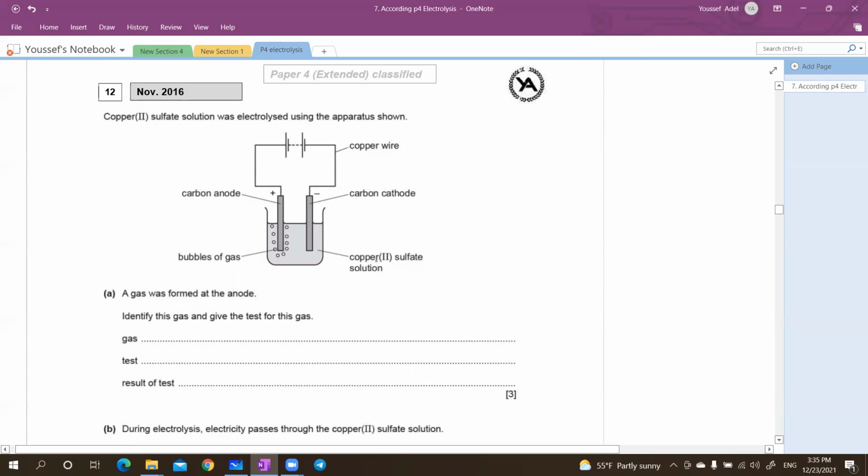Actually, in this solution, copper sulfate, we have 4 ions: Cu2+, H+, sulfate SO4 2-, and OH-. The negative ions will be attracted to the anode, the positive electrode, but the hydroxide will be discharged, not the sulfate, forming oxygen gas, which is a colorless gas.